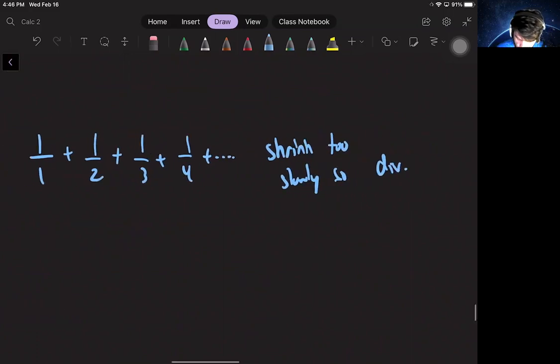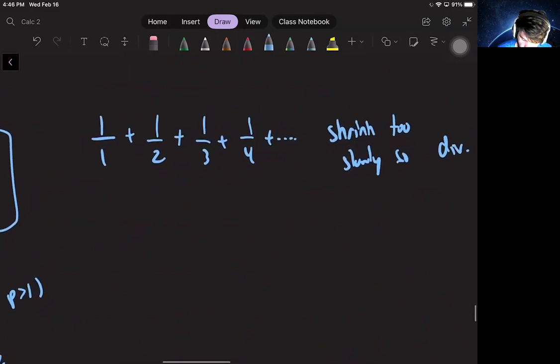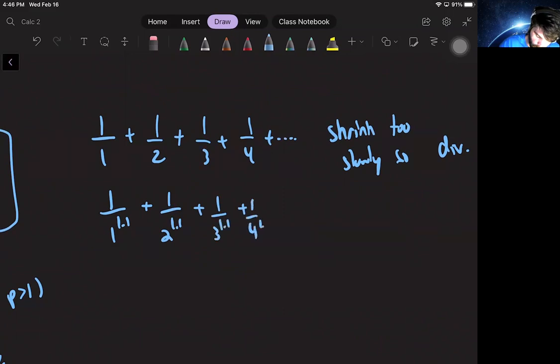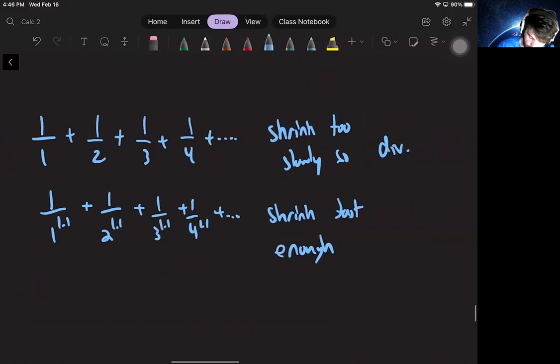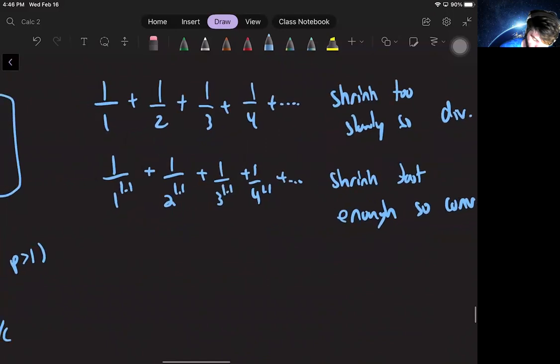You end up adding too big of numbers, and they add up and go to infinity. And if you just go a little bit past 1 to like 1.1, now suddenly it's big enough. These numbers actually shrink fast enough so that when you add them up, it'll converge to some number, even though we don't know what the number is. And the only difference is this power just needs to be a little bit bigger than 1. 1 is not big enough.